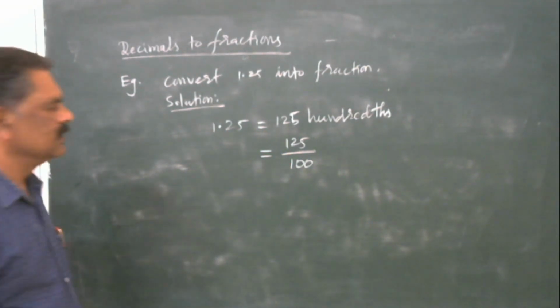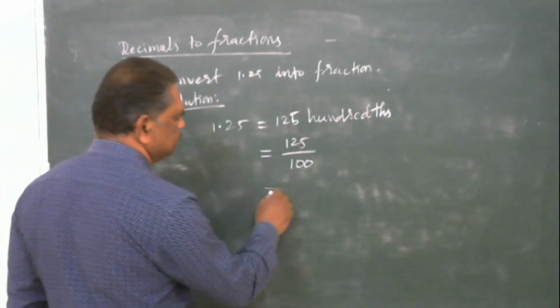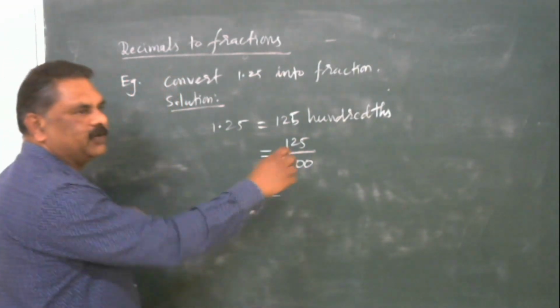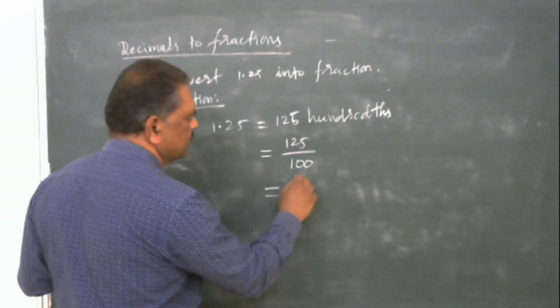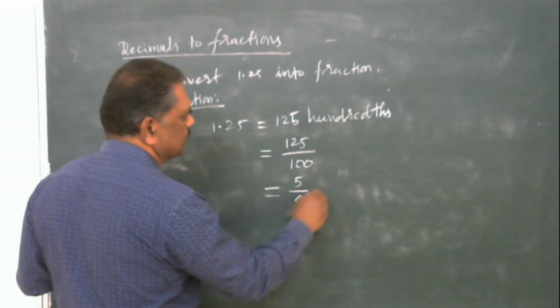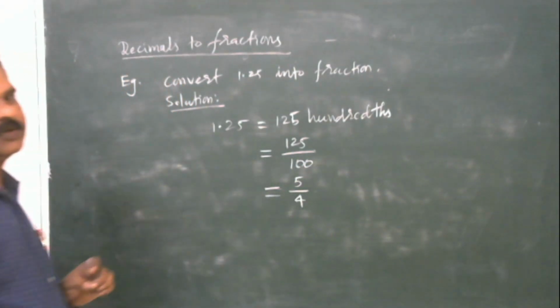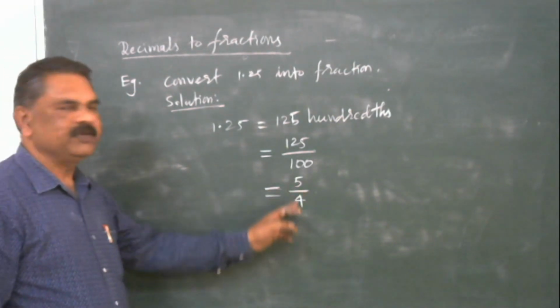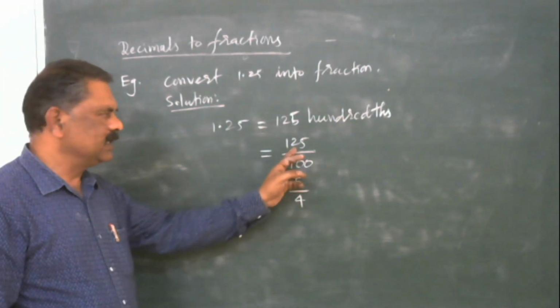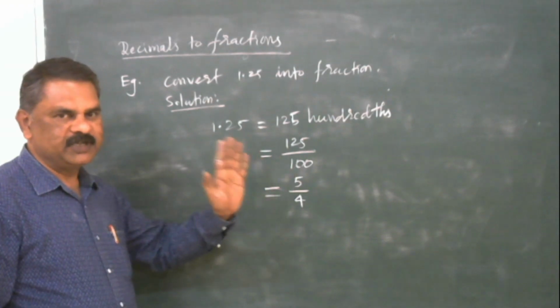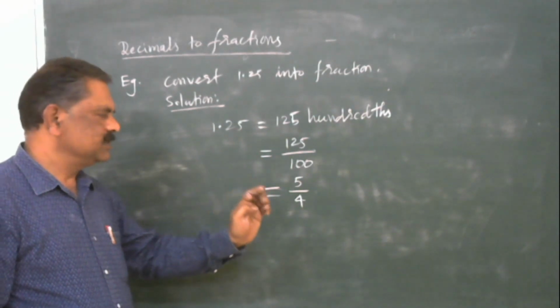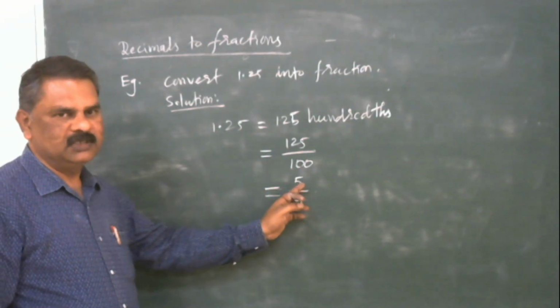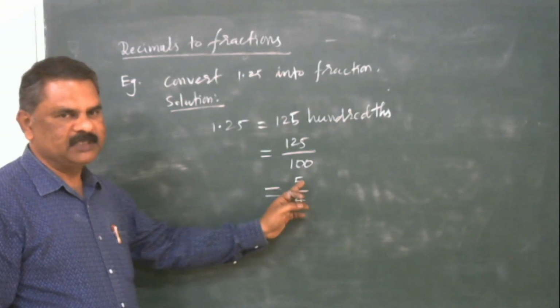125 by 100. We can cancel. We can divide by 25. 5 twenty-fives are 125. 4 twenty-fives are 100. So the fraction is 5 by 4. Already reduced. Always you have to reduce the fractions to the lowest terms, the simplest form.